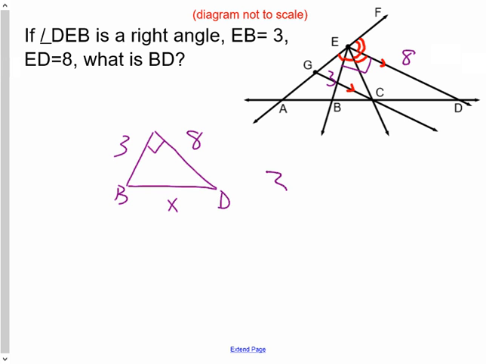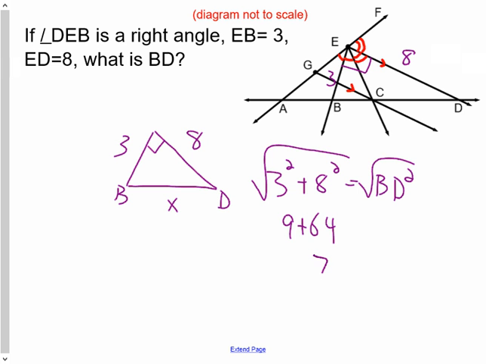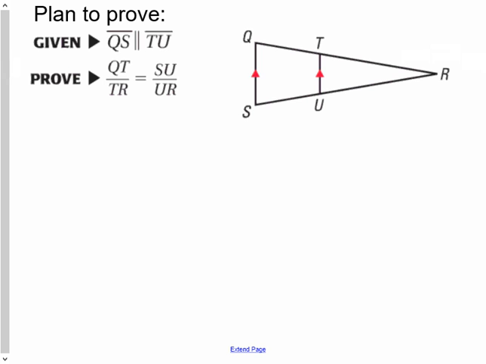Pythagorean theorem: 3 squared plus 8 squared equals BD squared. Square root both sides. 9 plus 64 is 73. So the square root of 73 is BD. That'd be right between 8 and 9, probably like 8.5-ish.